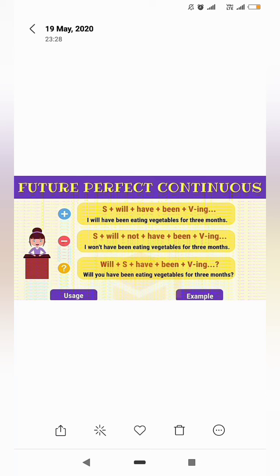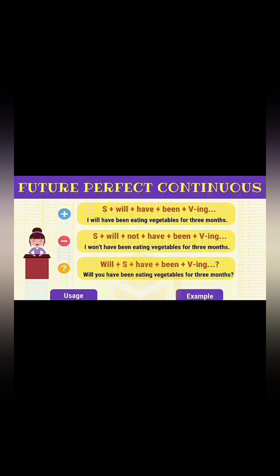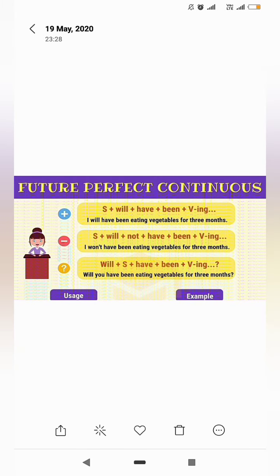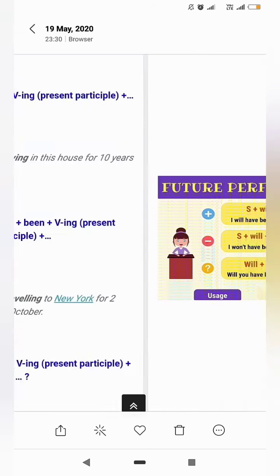Okay. So let's move on to future perfect continuous. An action that will happen and continue in the future is future perfect continuous. We have to write will plus have plus been plus ing. We already know continuous tense, we write been in perfect tense. So will plus have plus been plus ing form of the verb, and if it is negative, we have to add not.